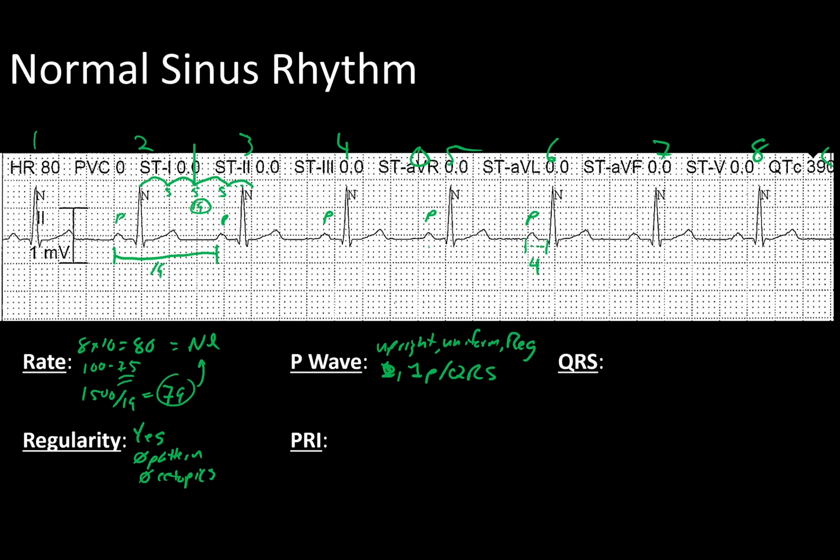I can measure another one and do this one here, and then this one here. 1, 2, 3. We'll go 4-ish on that as well. So 4 times 0.04 equals 0.16, which is normal as well.